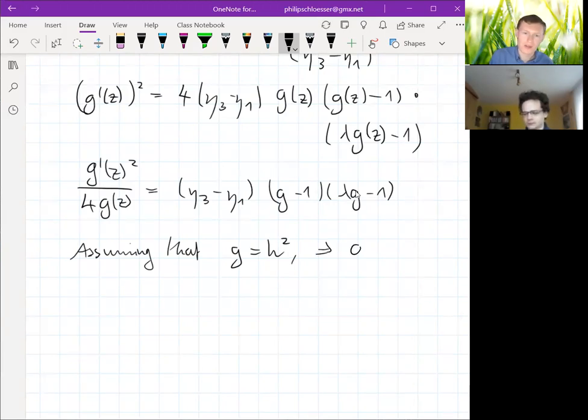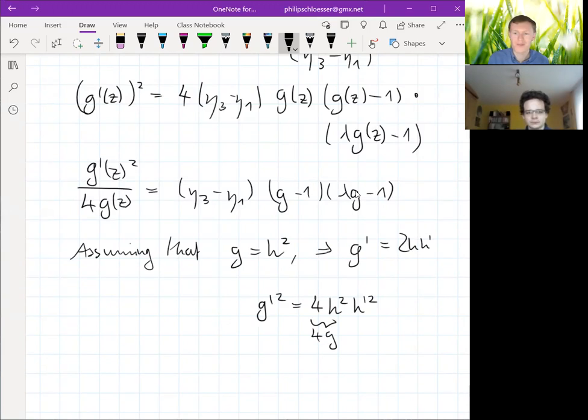What does that mean? Well, it means that g prime is equal to 2 times h times h prime. Just plain arithmetic. But if we square this now, we get 4 times h squared times h prime squared. And this is really equal to 4 times g, right? So then g prime squared over 4g is just equal to h prime squared.